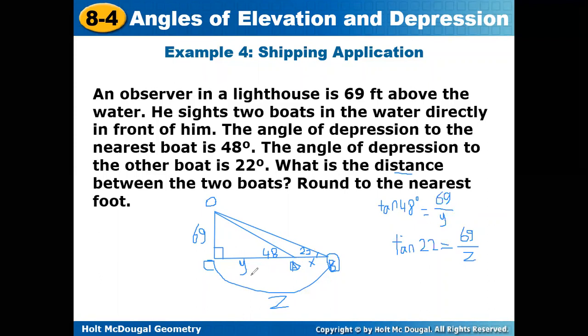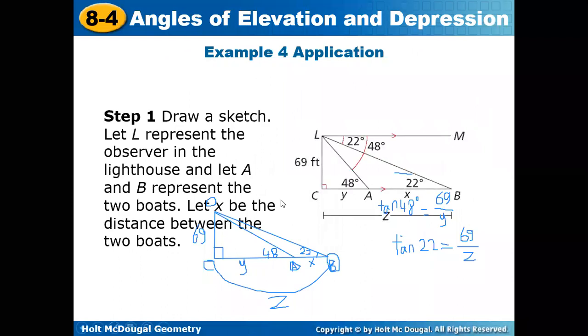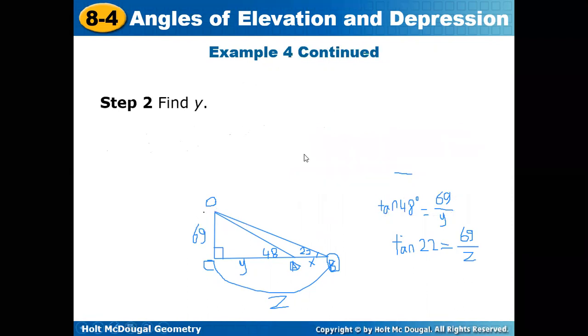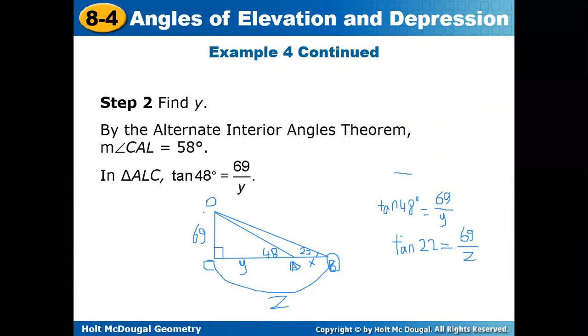Let's see the answer now. We have the same drawing now. Don't use the above angles like this. You can use it directly. So to find y first, it will be 69 over tan 48, which is approximately 62.1 feet.